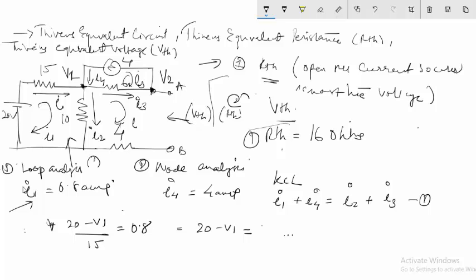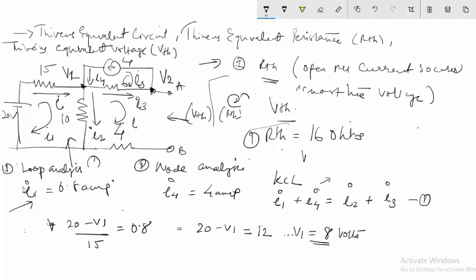When I solve this, I will get V1 is equal to 8 volts. So I have found my V1, and now I can use this equation here by substituting the values.